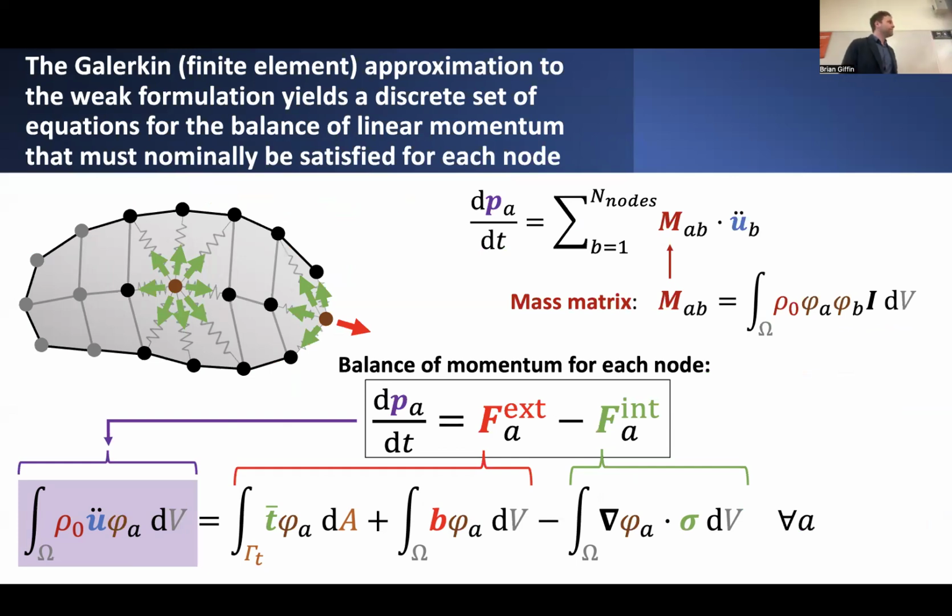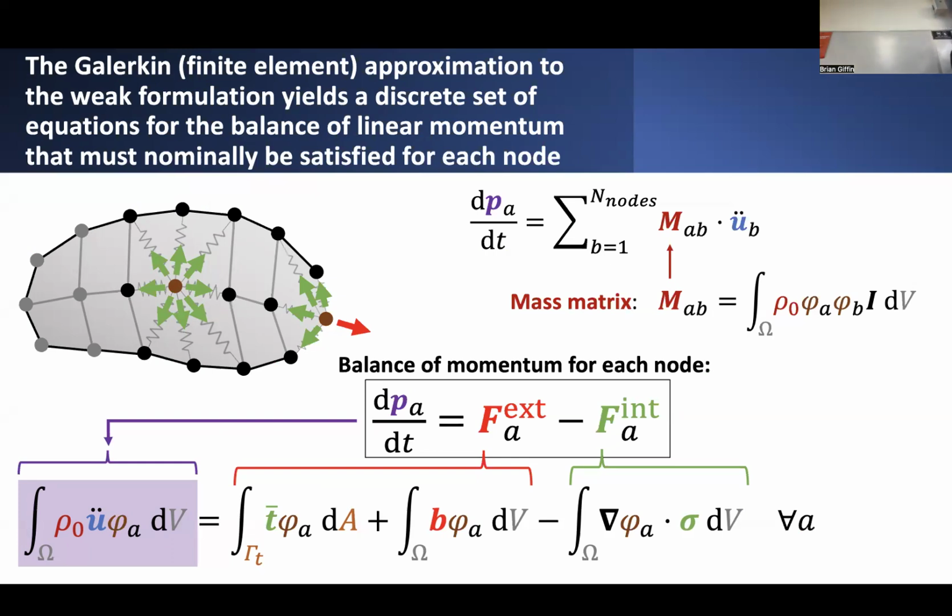And before, when we had our residual equations, it looked something like the total external forces that act on each node in the structure minus the total internal forces in the structure at each node had to be equal to 0. So in other words, balance of forces.